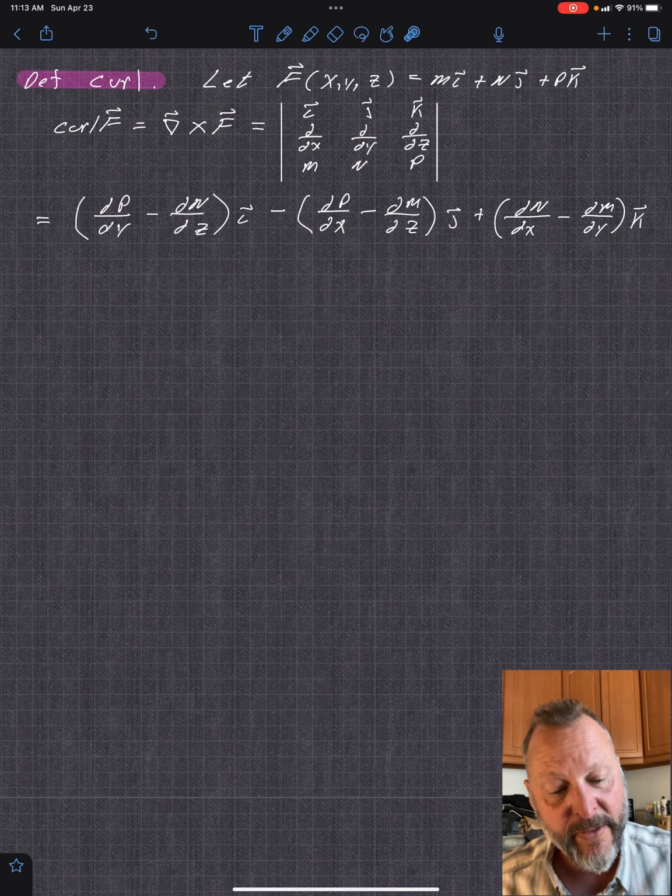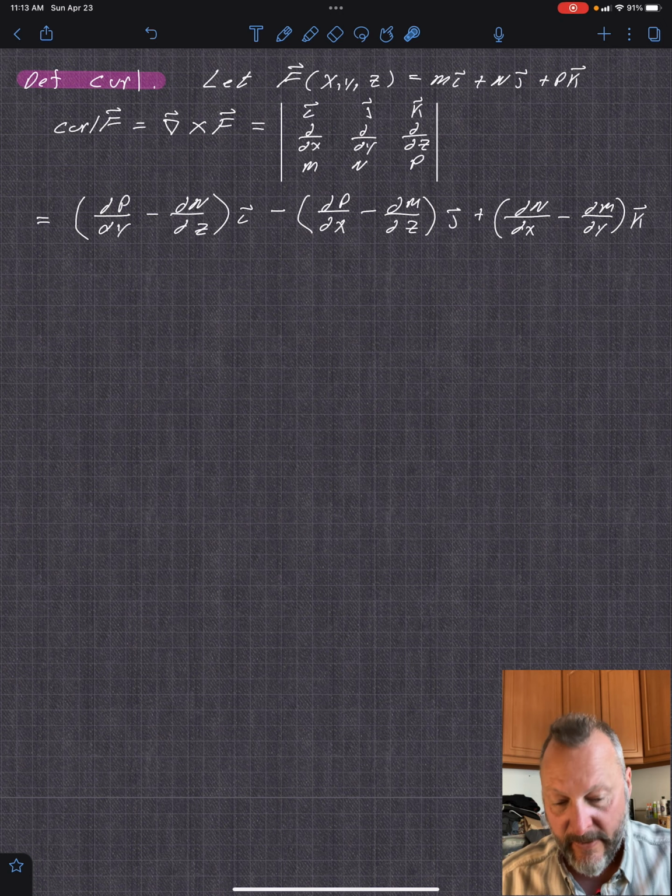All right, so I will describe later what it means, but it is used right now to determine if a vector field is conservative or not. This is for 3D. All right, so let's take a look at that theorem. So theorem for test of conservative vector fields.